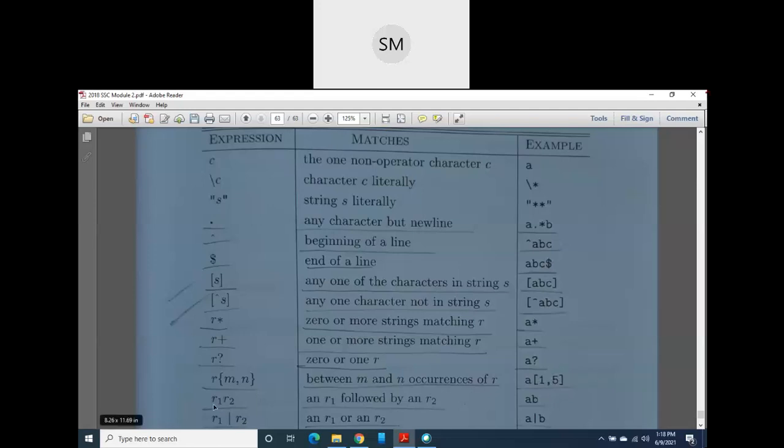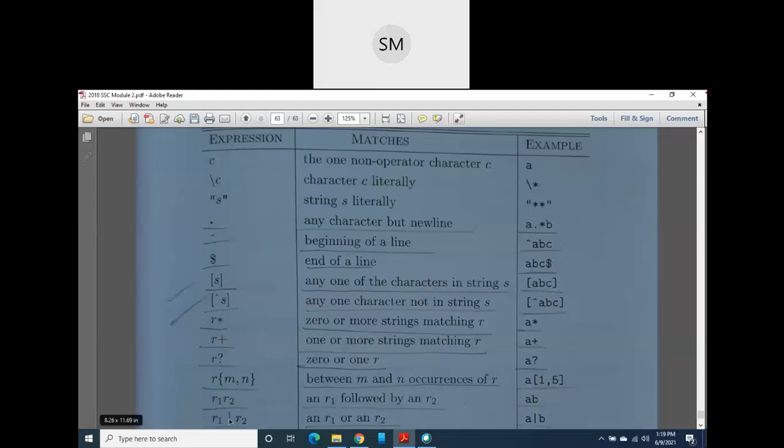Then R1 R2: R1 followed by R2. It will match any regular expression R1 followed by R2, for example AB. That is just like your concatenation. Then union, R1 union R2, that is R1 or R2.